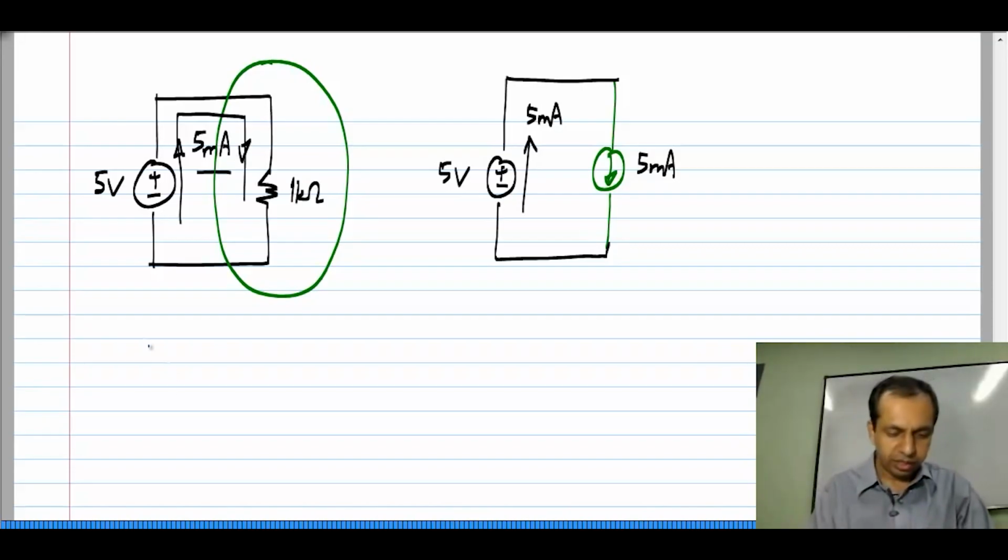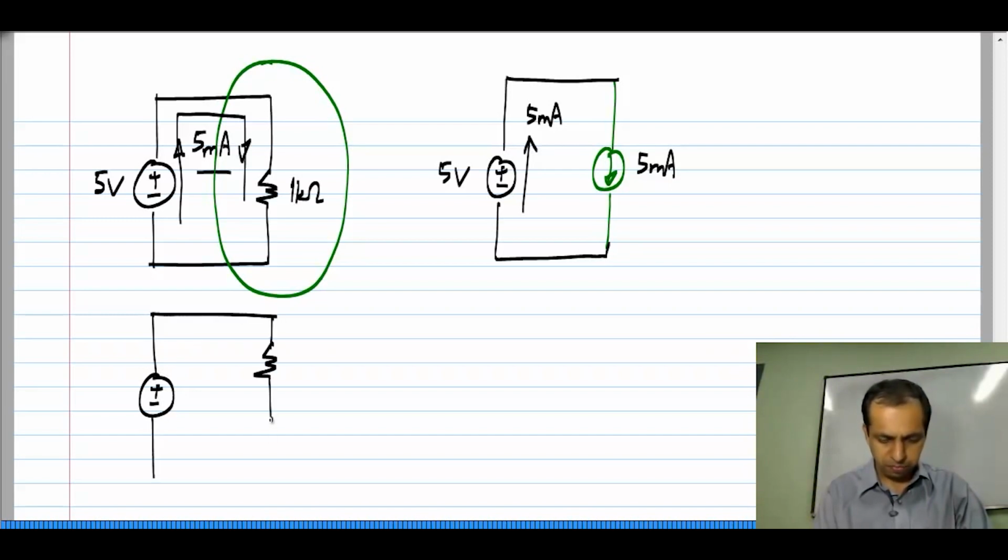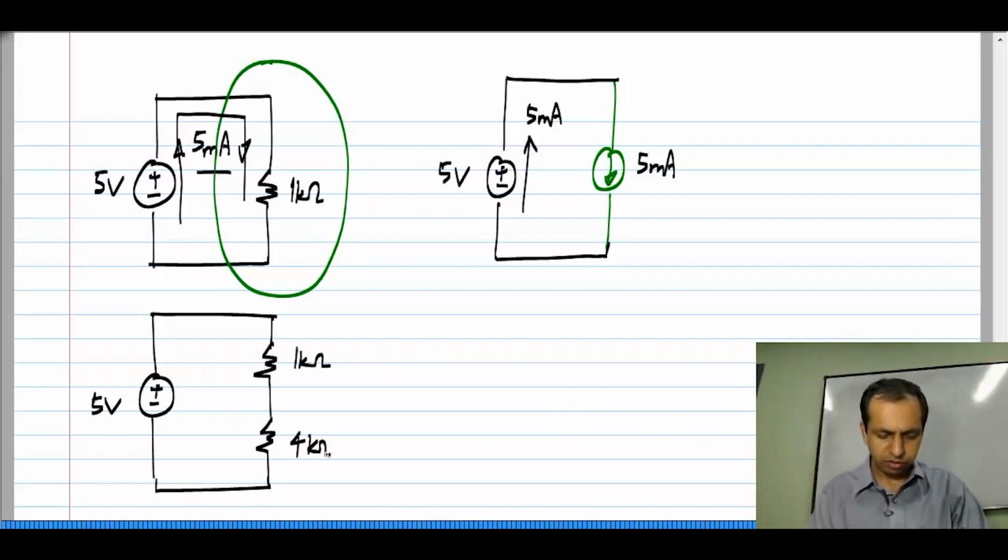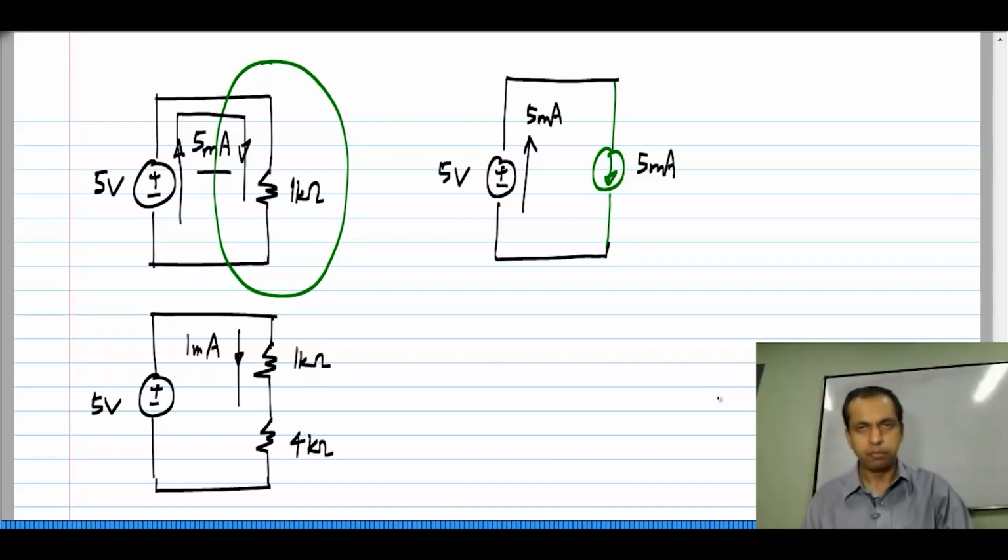Let me make it slightly more complicated. This is 5 volts and say this is 1 kilo ohm and this is 4 kilo ohm. And in this case, we will have 1 milliamp flowing through the whole circuit. And let me choose to substitute this 4 kilo ohm resistor.